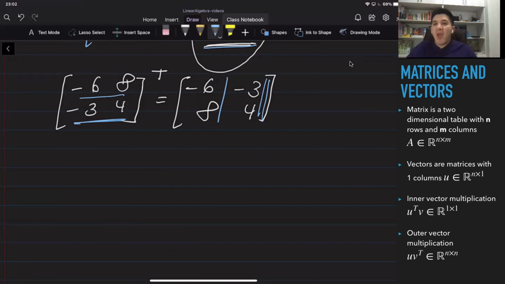We just add or subtract them element-wise. And we've learned about the multiplication of two vectors, like the inner multiplication, when we get just a constant as a result, or the outer multiplication, when we get a matrix by multiplying the two vectors. So in our next videos, we're going to talk about vectors in more detail and use matrices in order to denote the vectors.